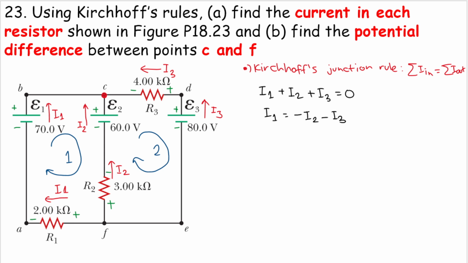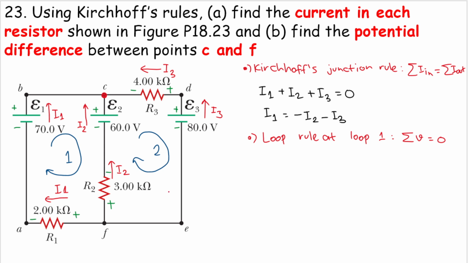Now let's do the Kirchhoff loop rule at loop 1. Okay, the loop rule says that the sum of the voltages in a loop will equal 0. And the sign will be very important. That is why I label all the components in the circuit here.